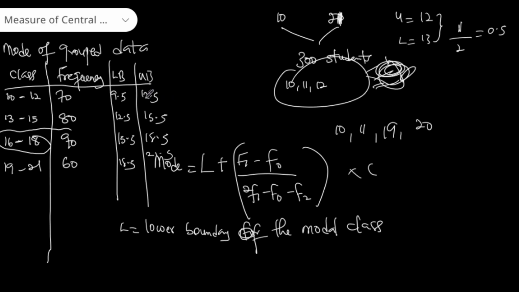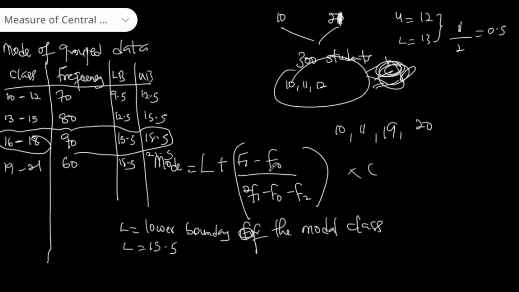You will now notice that there is no more distance between the upper boundary and the lower boundary of the next class. So that's what class boundary helps us to do. Now we say L is the lower boundary of the modal class. So this is what we are working with, the lower boundary of 16 to 18, that's 15.5.